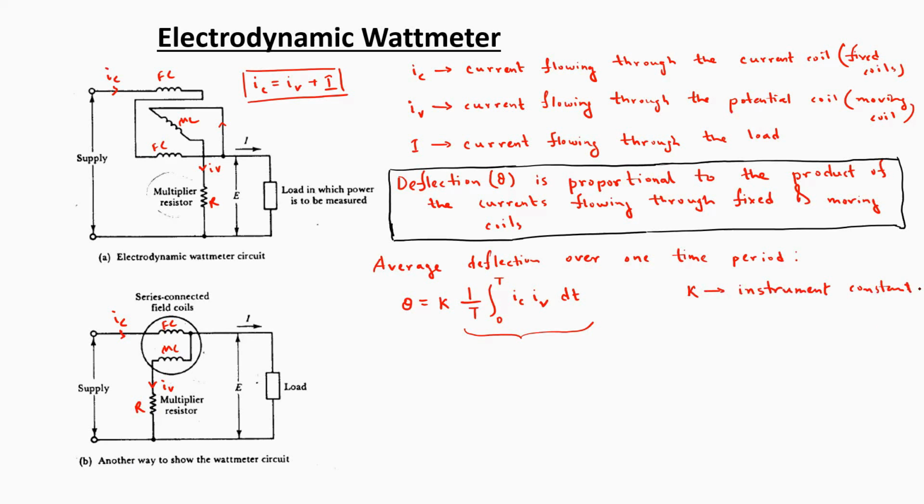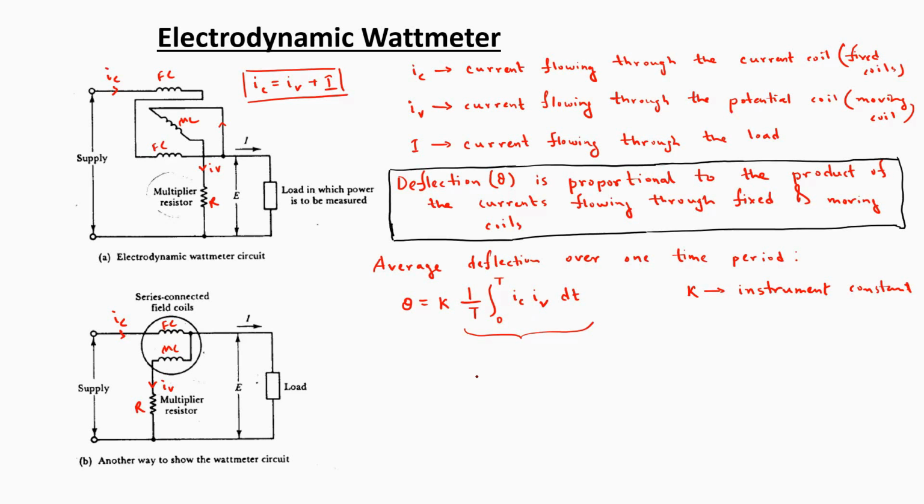It might depend on the length of the windings, the effective area of the windings, and the magnetic field that is produced. So this might depend on several factors. For the time being, we are going to concentrate on the effect of the currents in producing the deflection.